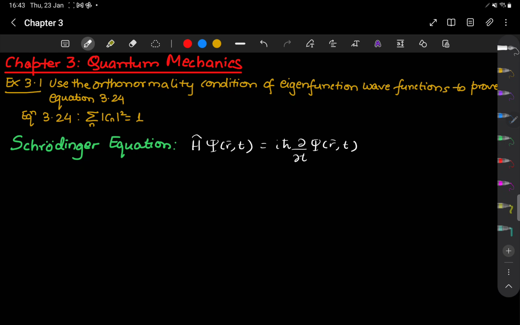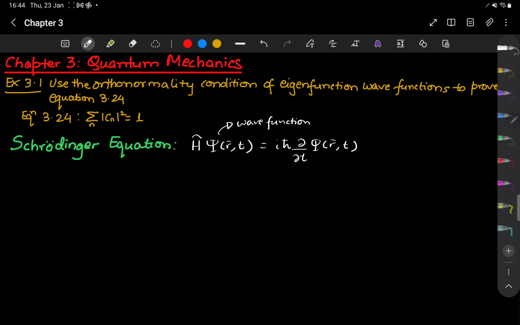So this is the Schrodinger equation. Here this H hat, or H cap, is called the Hamiltonian operator. r is position, t is time, and this del by del t is the partial derivative with respect to time, and psi is the wave function.